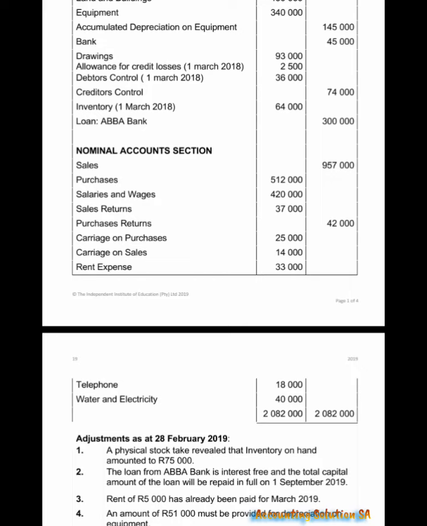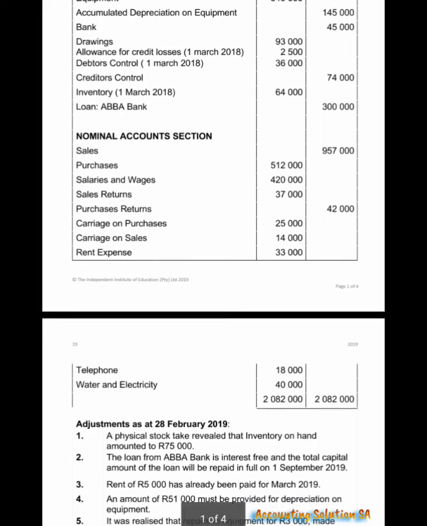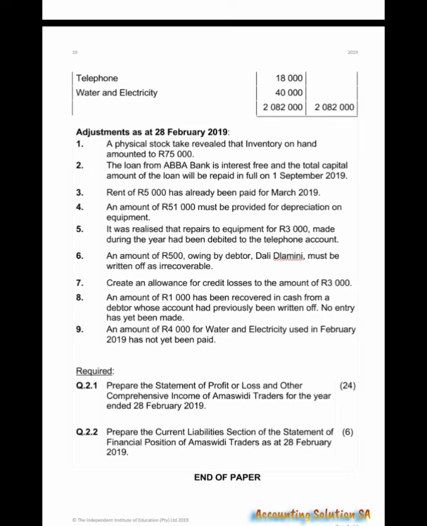We have sales, purchases, salaries and wages, sales return, purchase return, carriage on purchase, carriage on sales, and rent expense. If you check this information, you will notice that we don't have the amount of cost of sales. Why? Because we are using a periodic inventory system, so we have to use the formula to calculate the cost of sales.